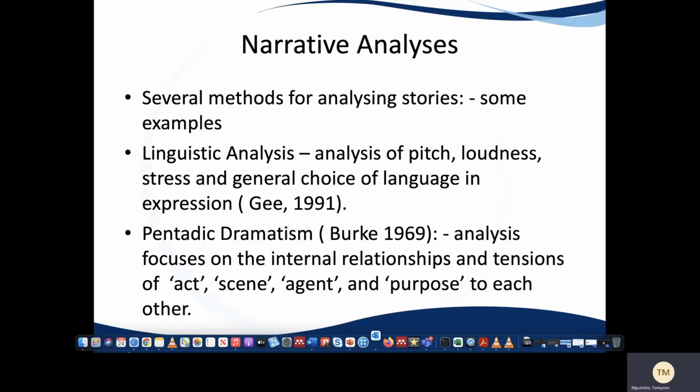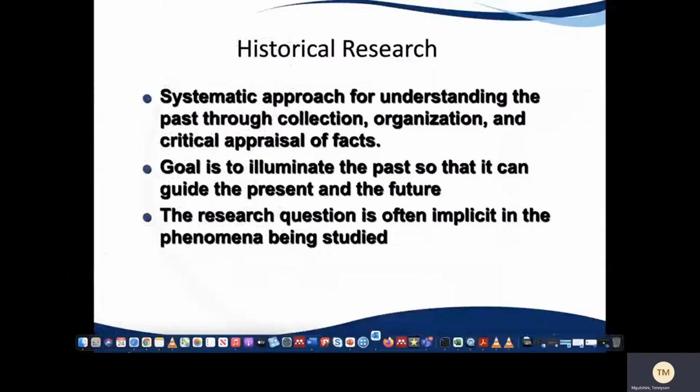So those are the two types of analysis approaches that exist. There are more than that, but I think pedantic dramatism and linguistic analysis are the more common ones. And in actual fact, linguistic analysis is by far the most common.